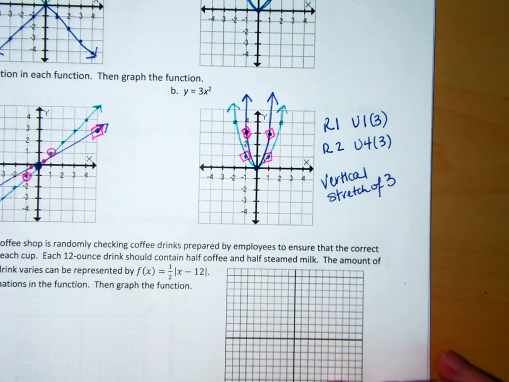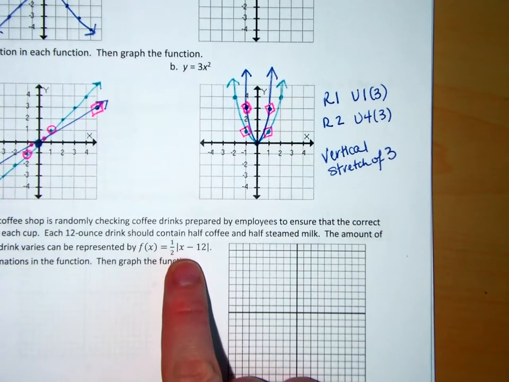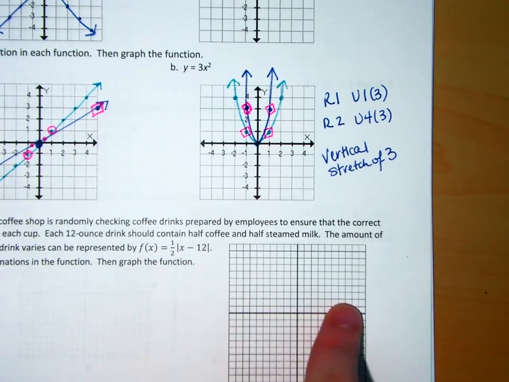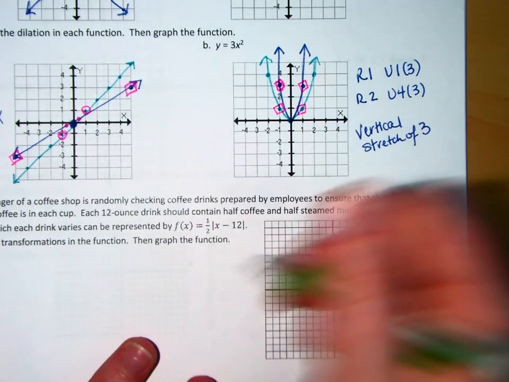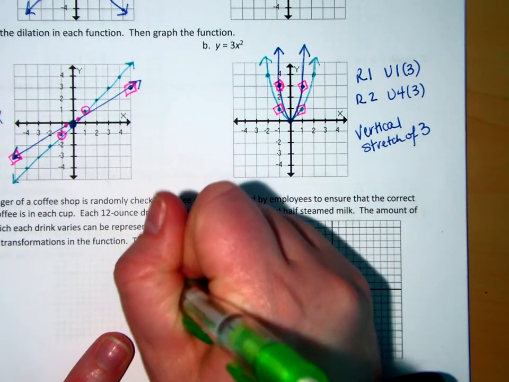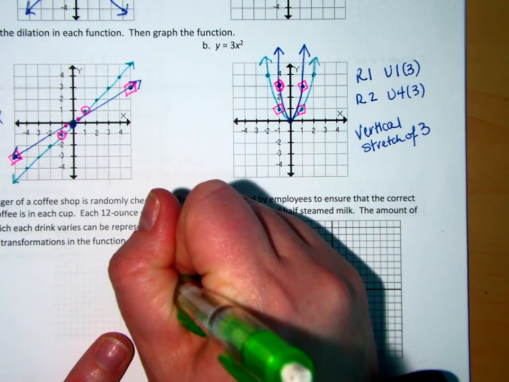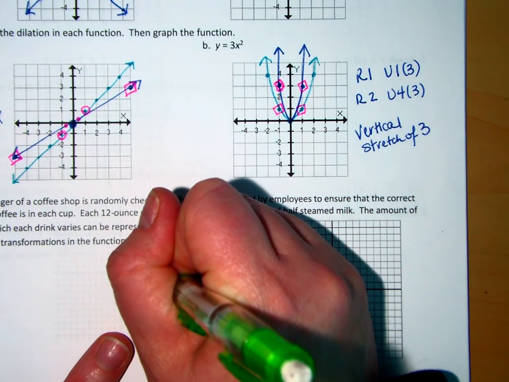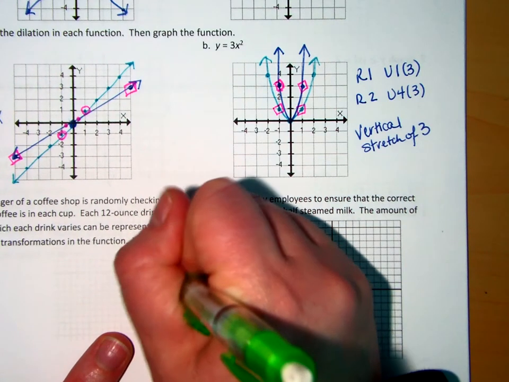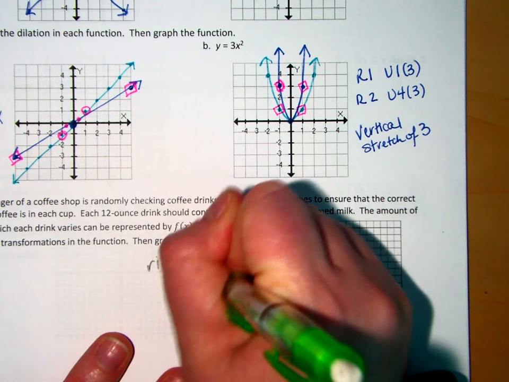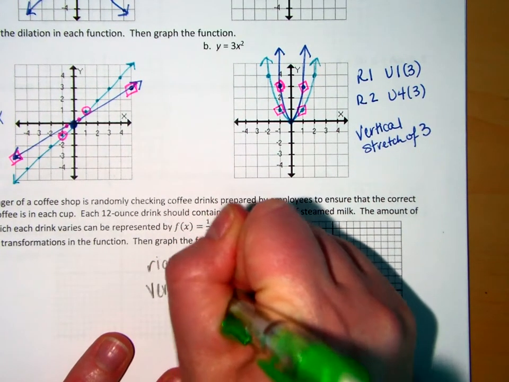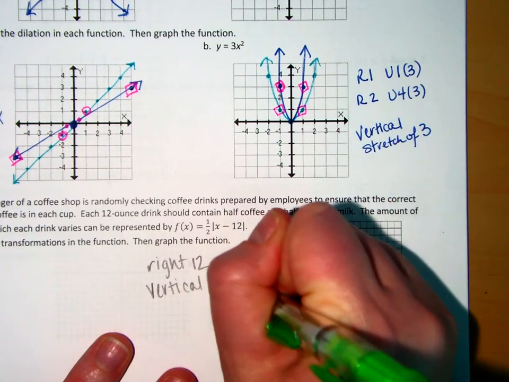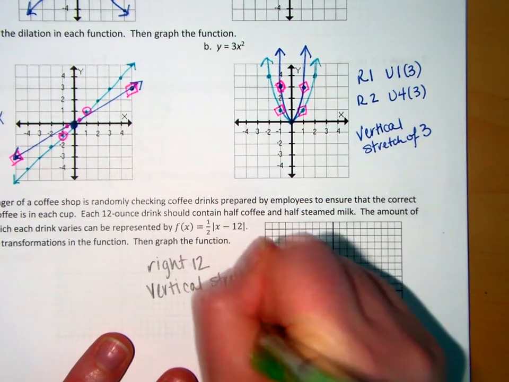Okay, so this graph here has a shift to the right 12, and then a vertical stretch. All I care about here is saying that you go right 12, and then you have a vertical stretch of 1/2.